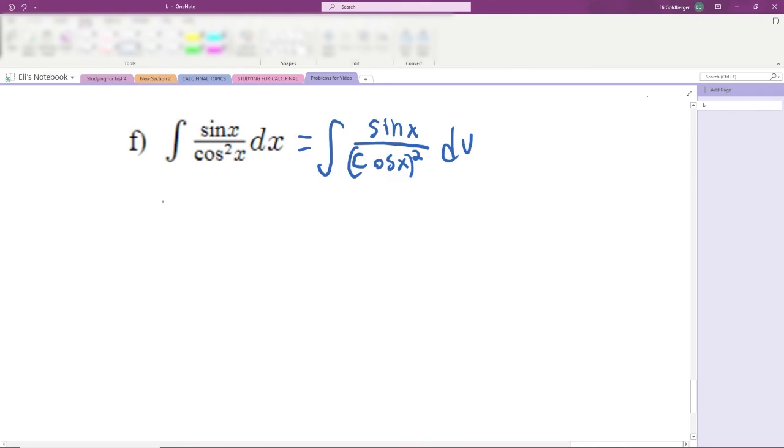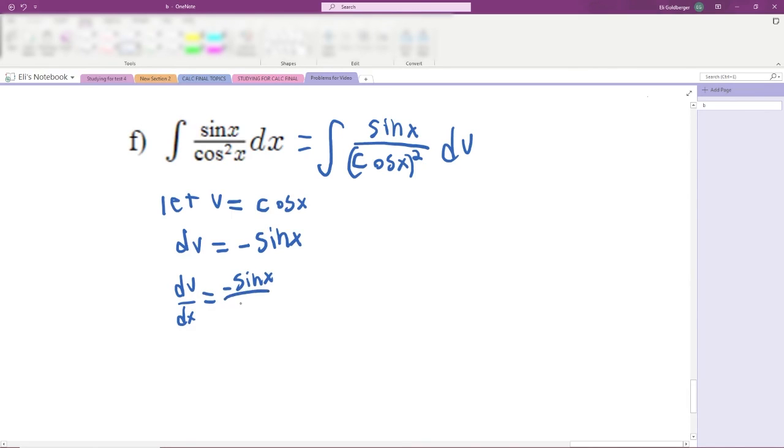So let u equal cosine of x. So du equals negative sine of x. And then du over dx equals negative sine of x over 1. du equals negative sine of x dx after we cross multiply.